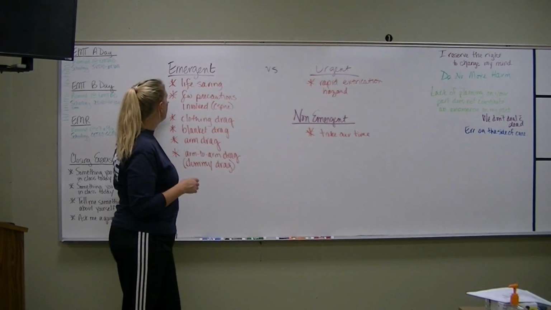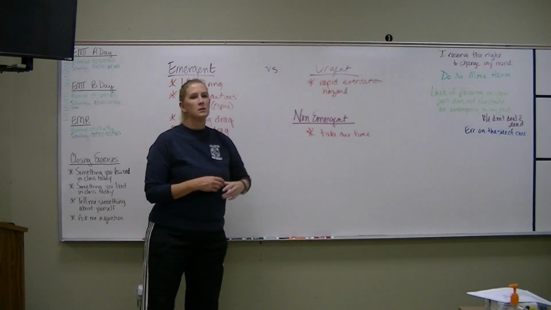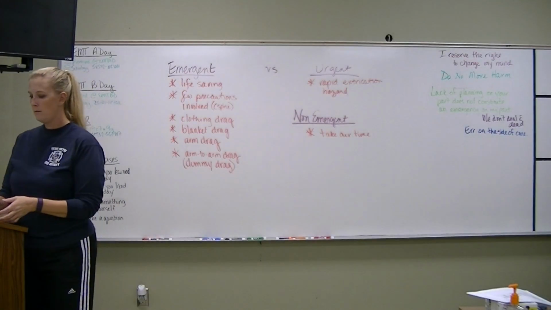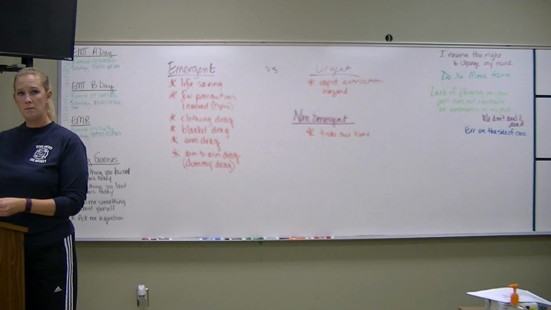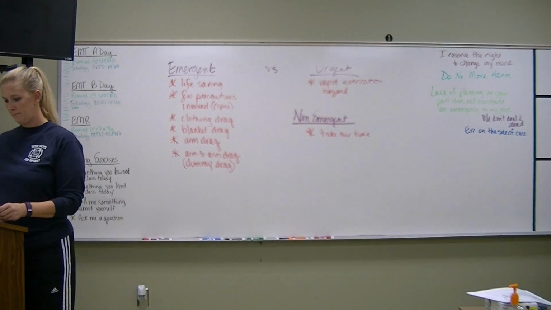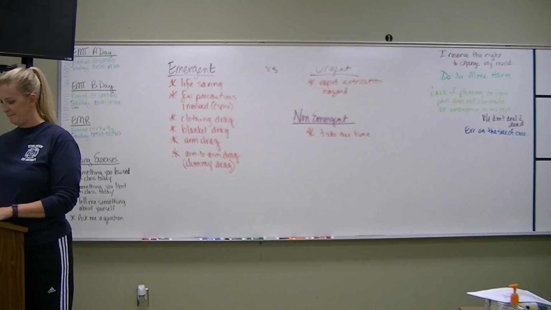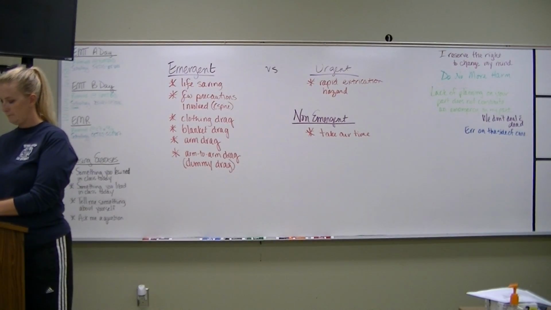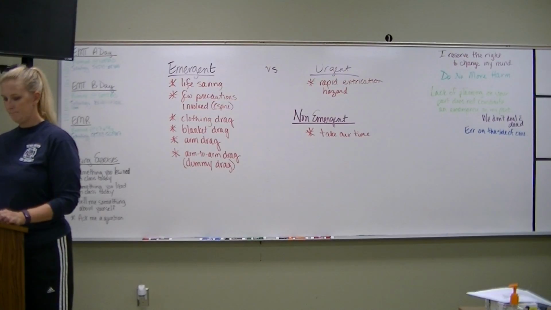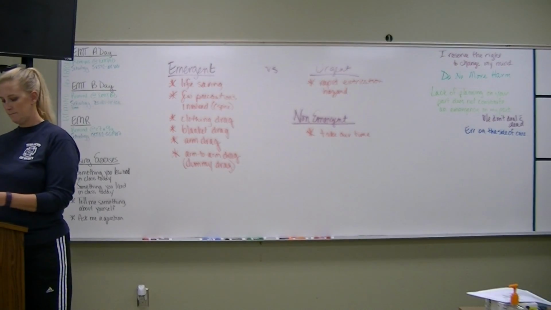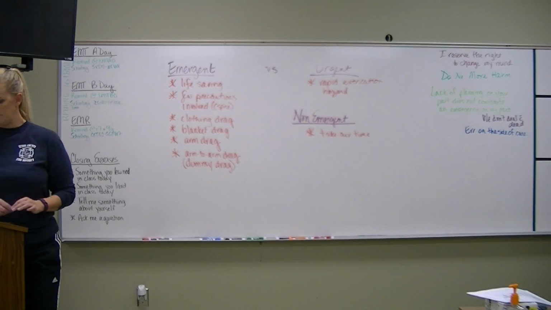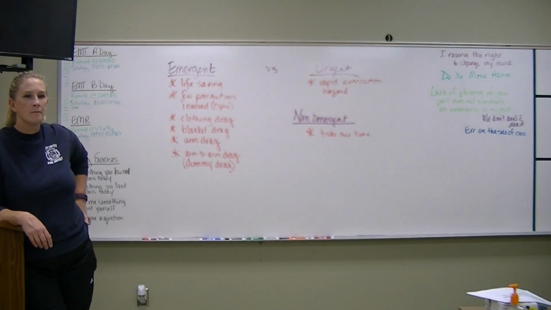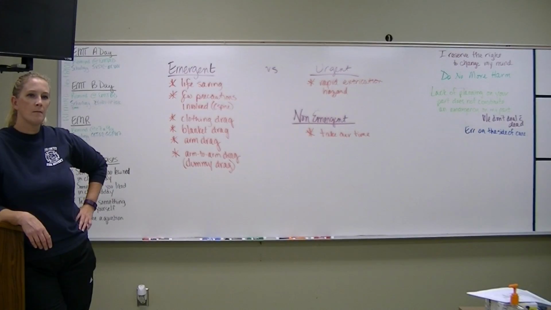What defines the difference between emergent and urgent? I'll say emergent is there's a direct hazard to their life and safety, and urgent is there's a possible hazard, I guess it would be.